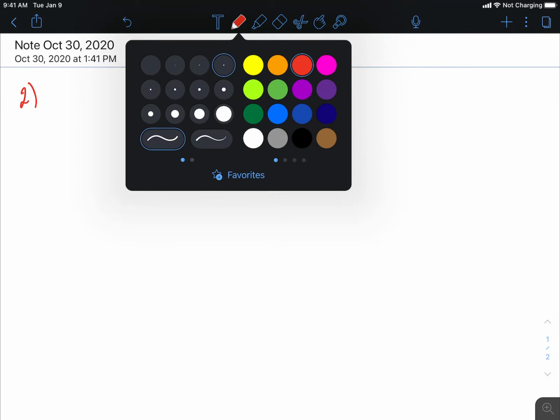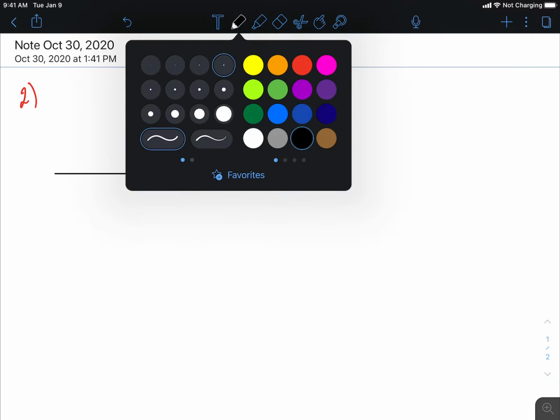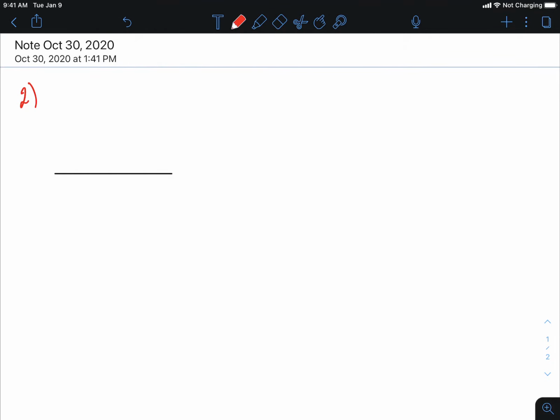I'm going to draw, let's call it a beach. We got our beach, and then we have a 3-sided rectangular swimming area.